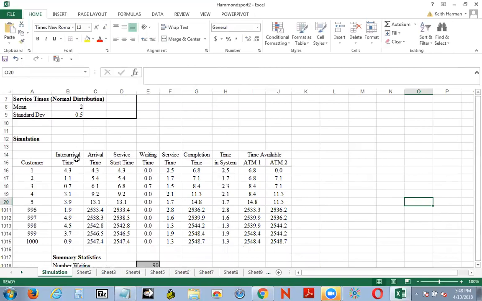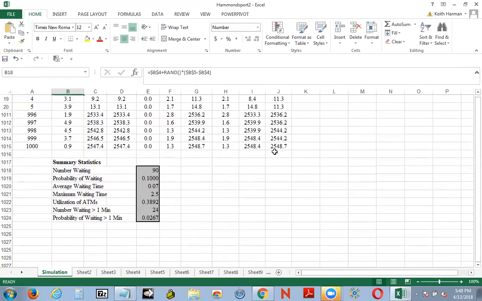That random function of the enter arrival time is the seed that sets in motion this process of calculating the enter arrival time, the arrival time, the service start time, the waiting time, the service time, the completion time, and it walks us through it.